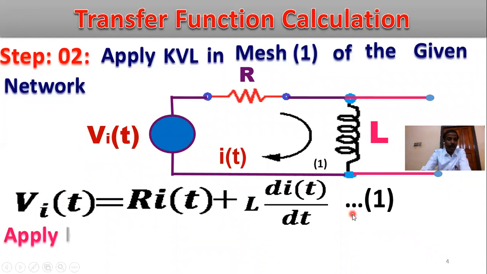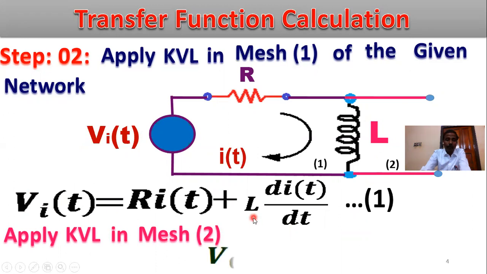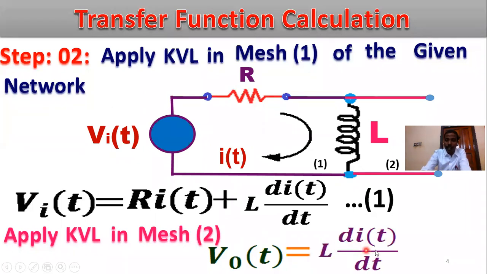Then apply KVL in mesh 2. This is mesh 2, and here the output voltage is Vo(t). This output voltage Vo(t) equals what? Only the voltage drop across the inductance, which is L into di(t)/dt.